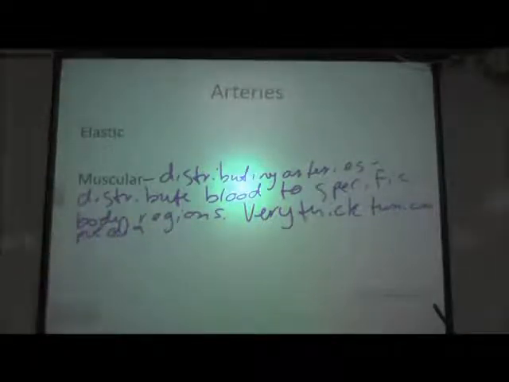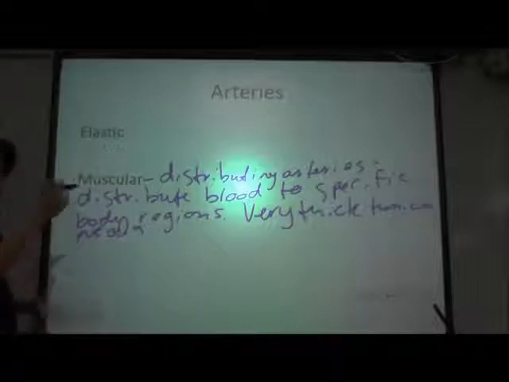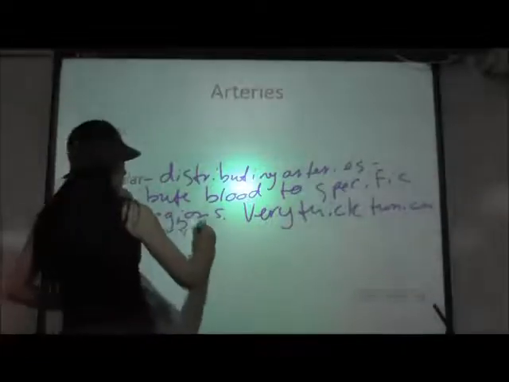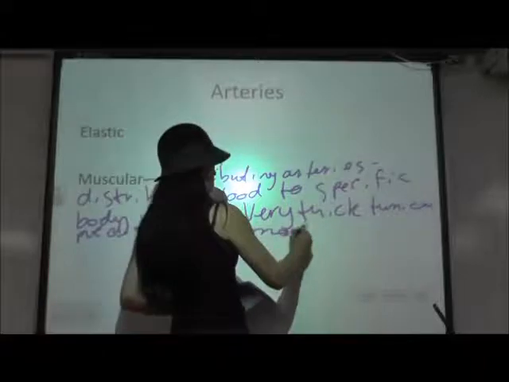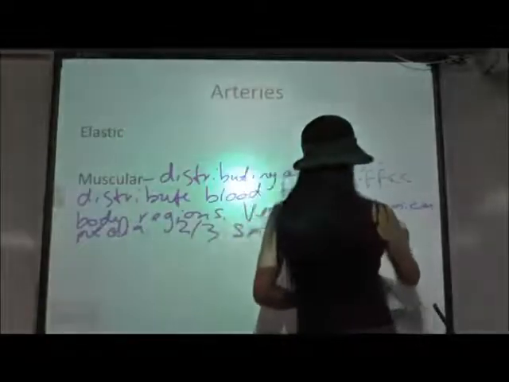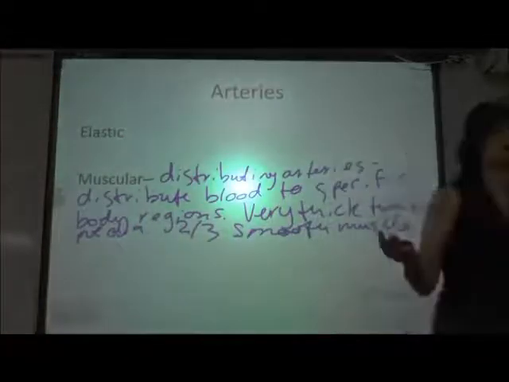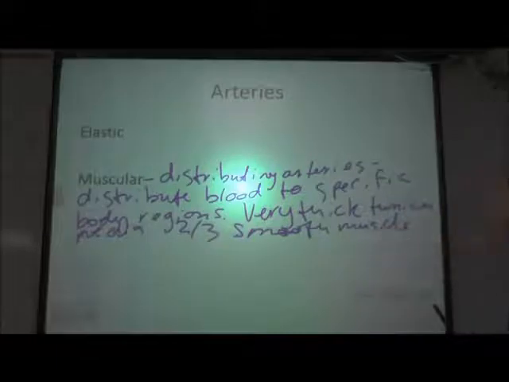So they're going to branch away from our conducting arteries and distribute blood to specific body regions. The wall is about 2/3 smooth muscle, if you look at it. So it's 2/3 smooth muscle. So it makes them very muscular relative to every other type of blood vessel.